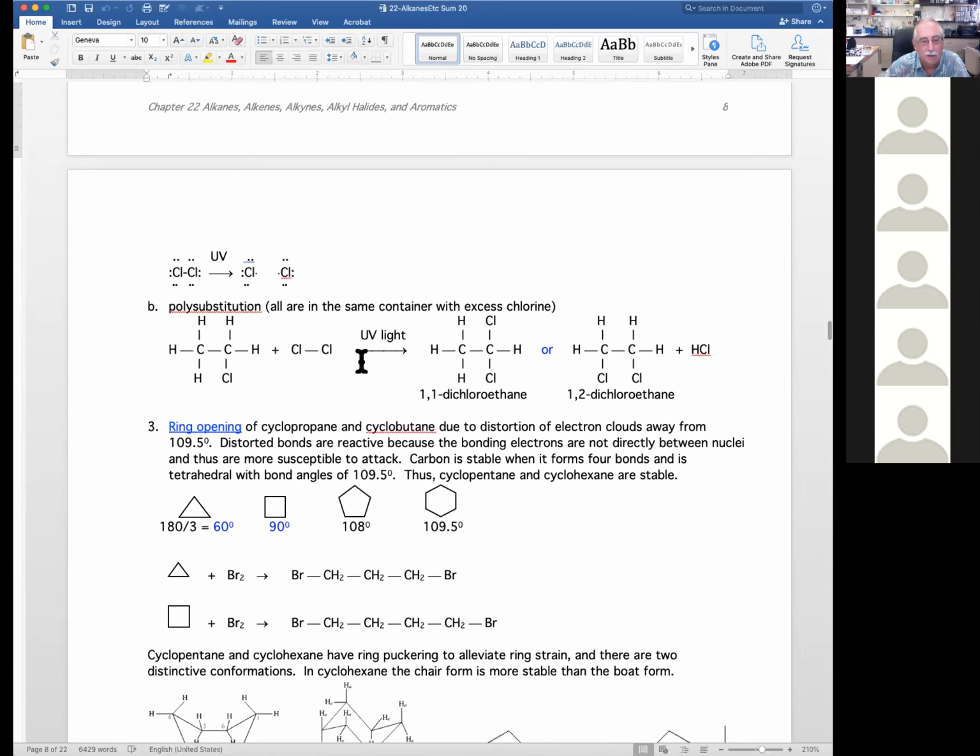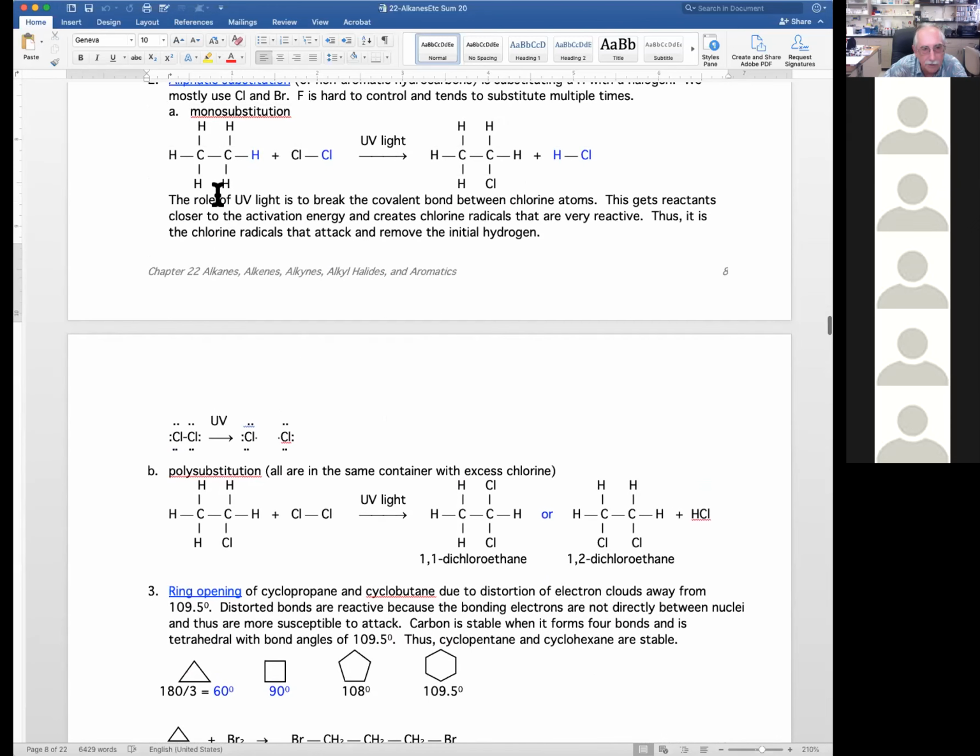So now, these hydrogens are not the same. You see that? Here they were the same, now they're not the same. So, these two hydrogens may be the same, these three hydrogens may be the same, but this and this are not the same.